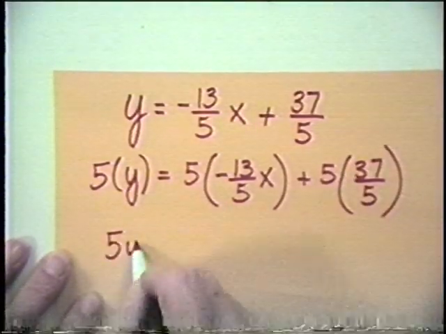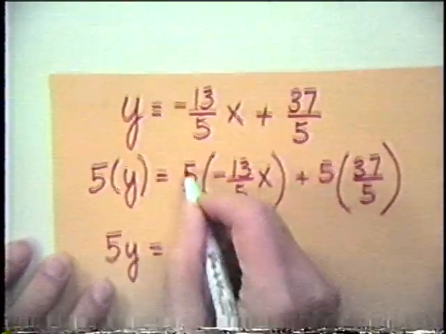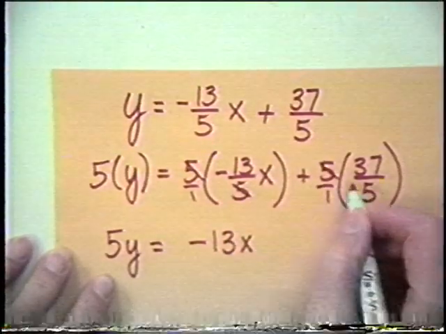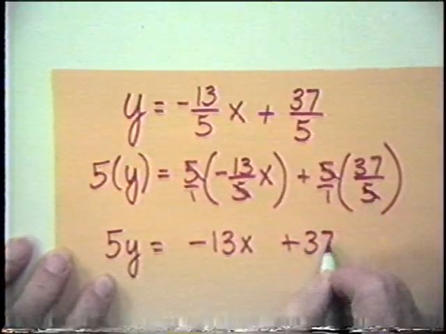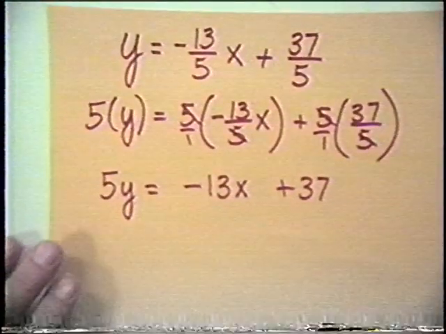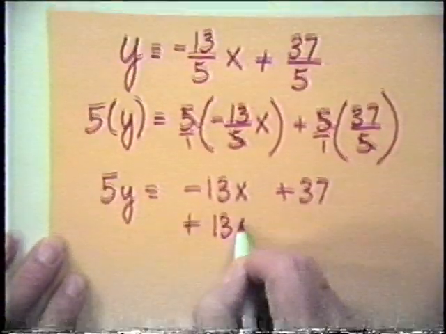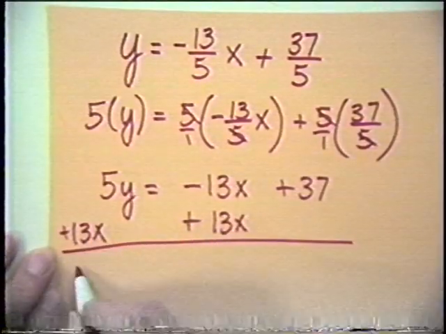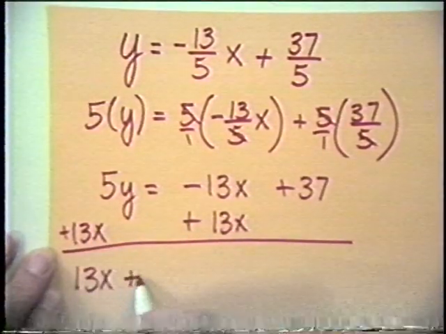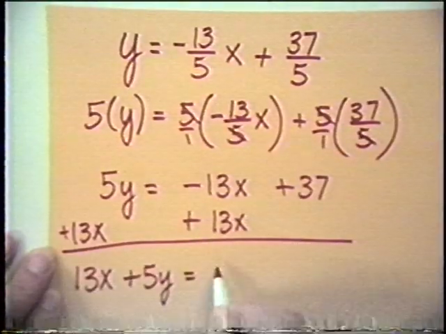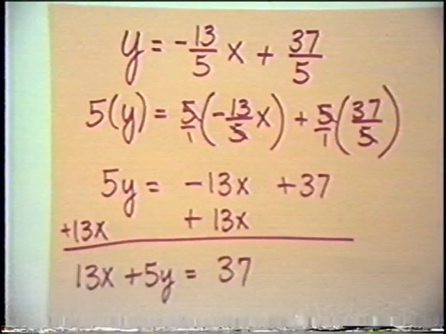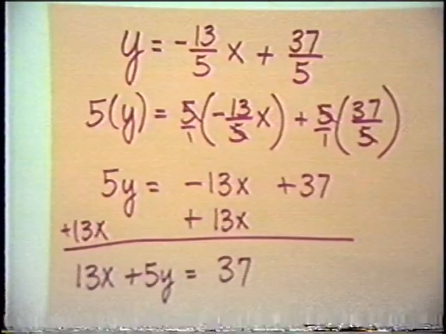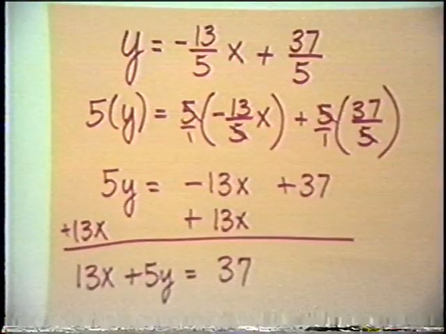So we'd have 5y equals, and this will cross out, a negative 13x, and this will cross out, plus 37. Standard form means x and y have to be on the same side, so we'd add 13x to both sides. And so we're going to end up with 13x plus 5y equals 37. Okay?